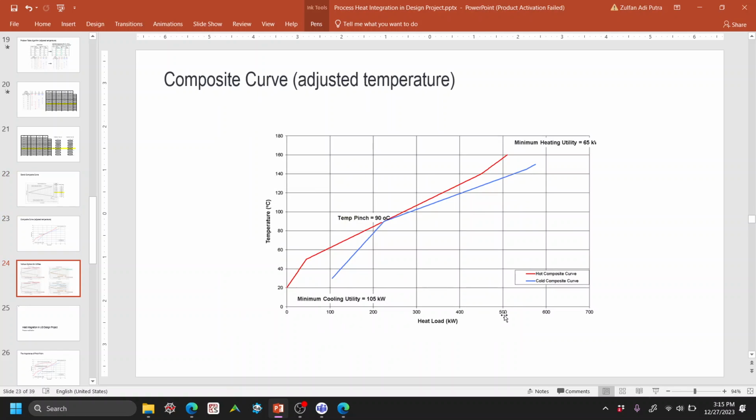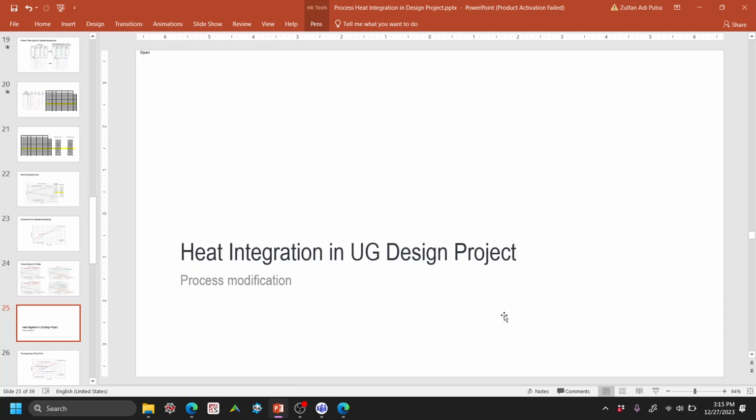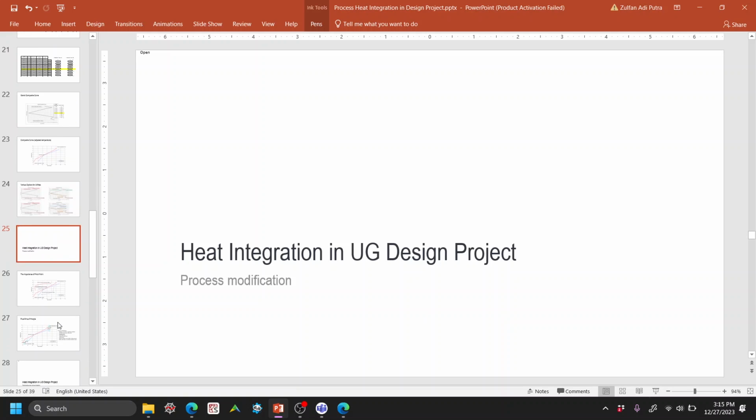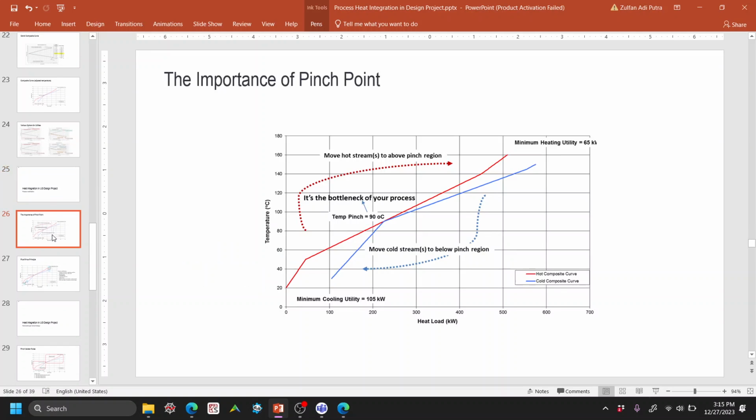Now, what is the process modification? This is what they call, I think I mentioned this already, the importance of the pinch point. This is like the bottleneck of the process. What we could do here is, if you can see this minimum heating utility, it is there because there is no hot stream above these cold streams, right?